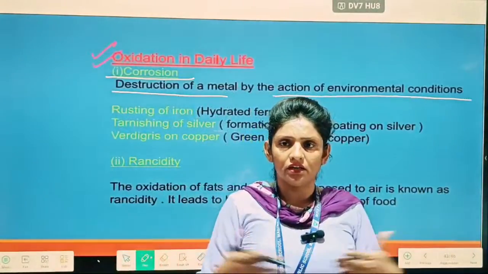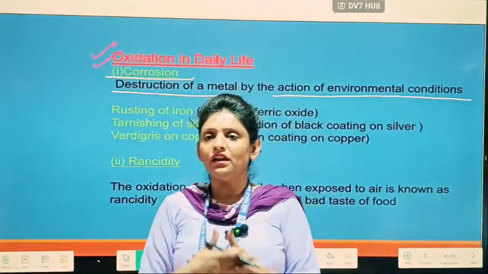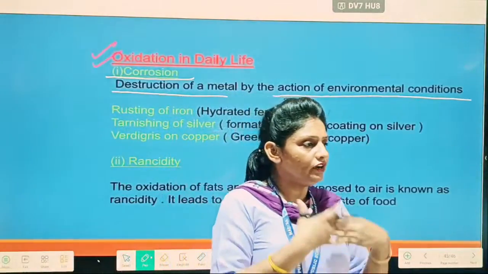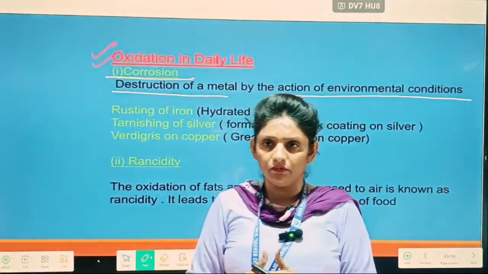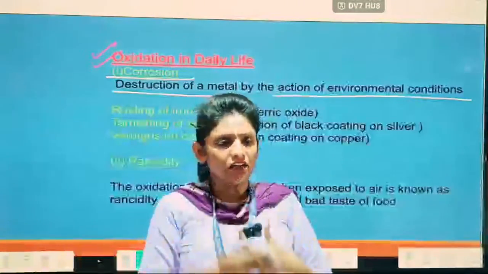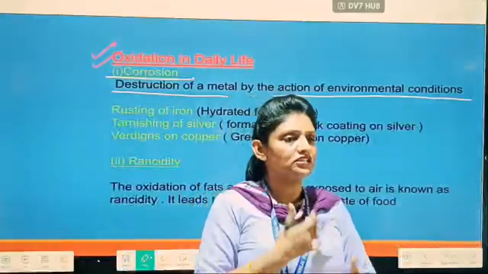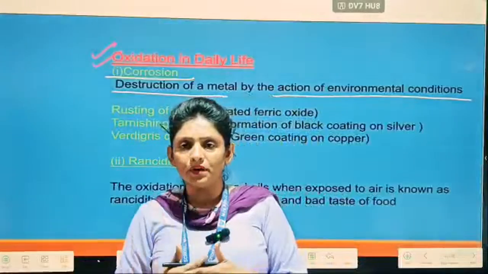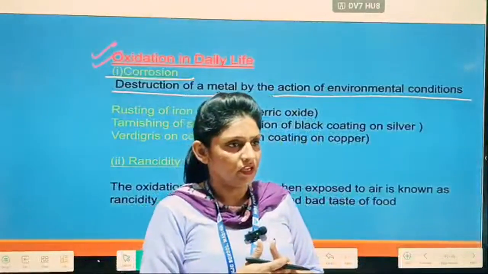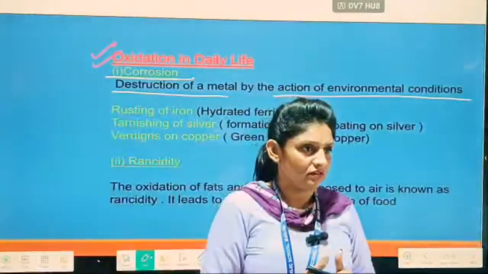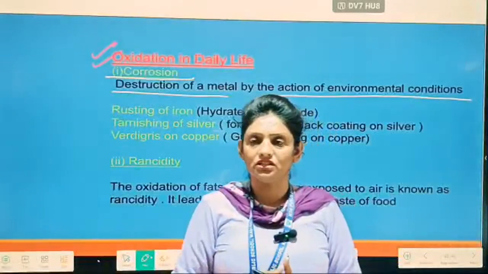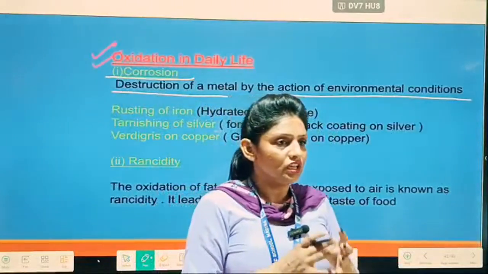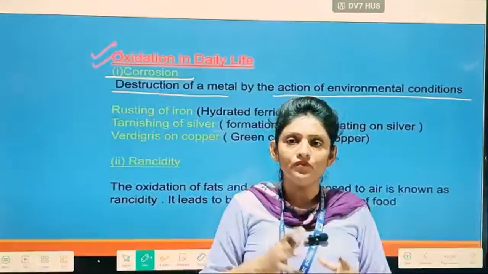After reacting with oxygen and water vapors present in environment, it forms a layer of reddish brown color on its surface. That is known as rust. Rust, जंग आप कहते हैं जिसे, जंग लगना. So students, this one is the corrosion.